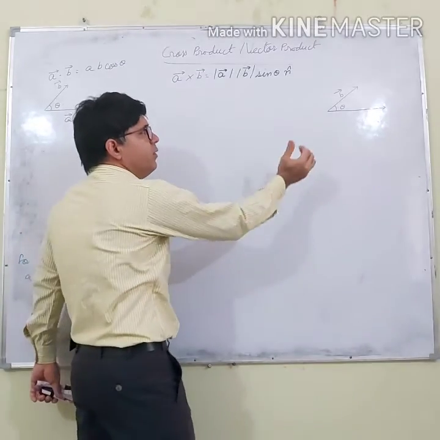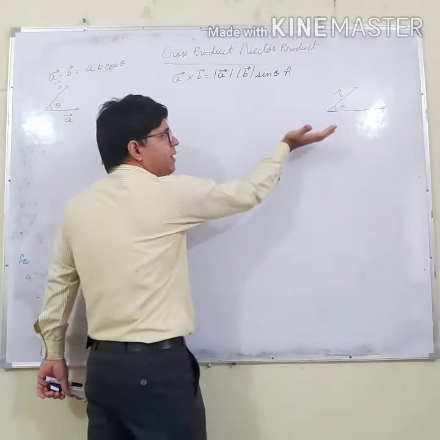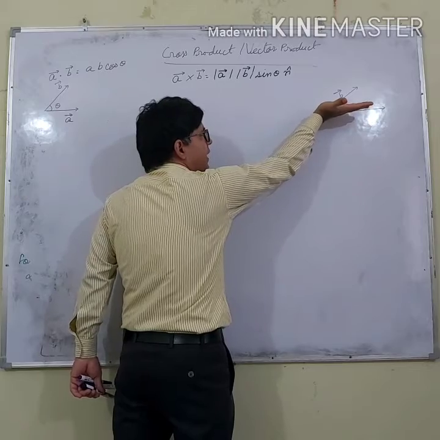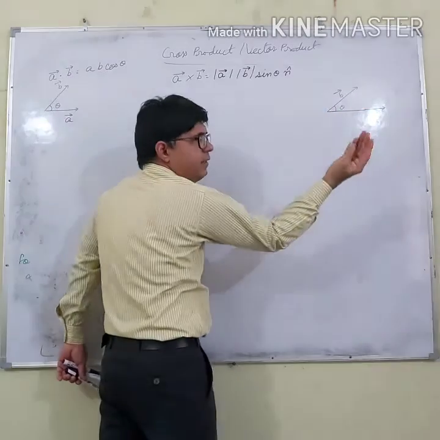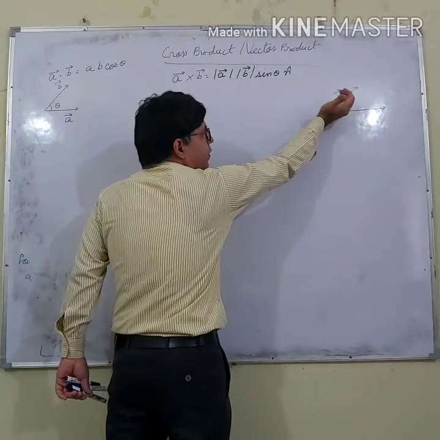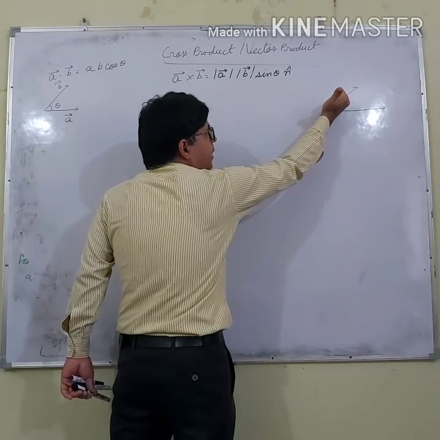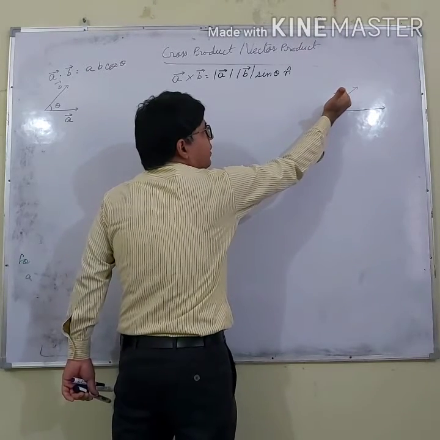The direction of the unit vector is given by the right hand thumb rule. We keep our right hand on vector A and curve the fingers in the direction of vector B. Then the direction of the thumb gives the direction of the unit vector.